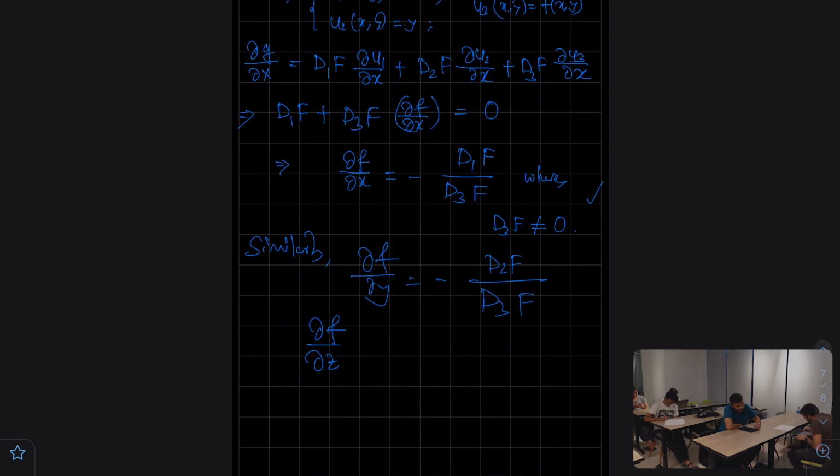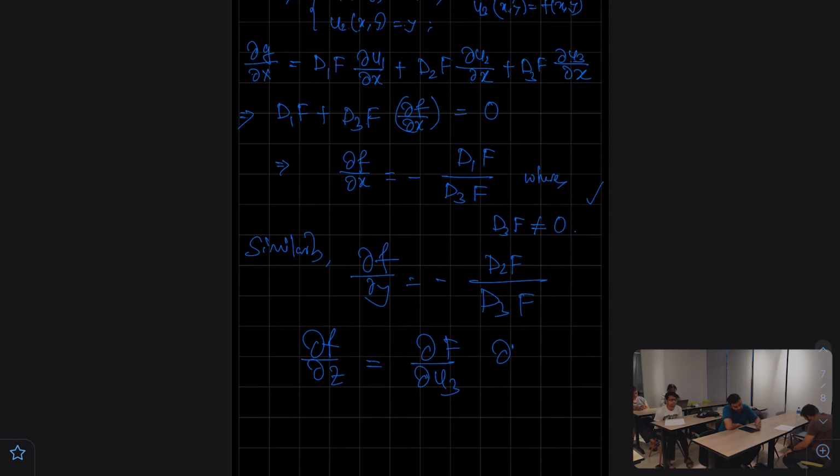And what about this? It's not there, because z equals f. Yes, f is z. So it is trivially 1. So df dz is what? The capital F, because the previous two are 0. So du3 dz.